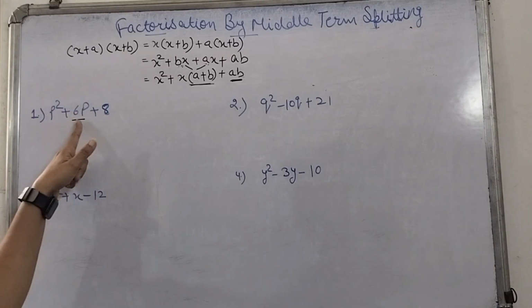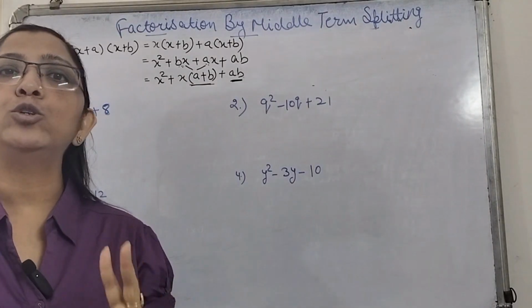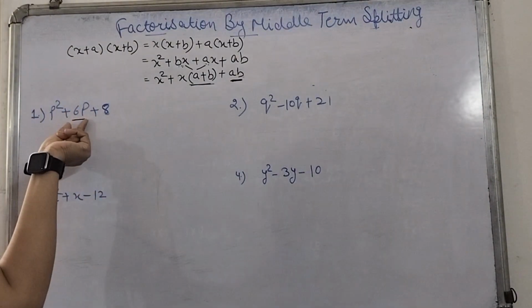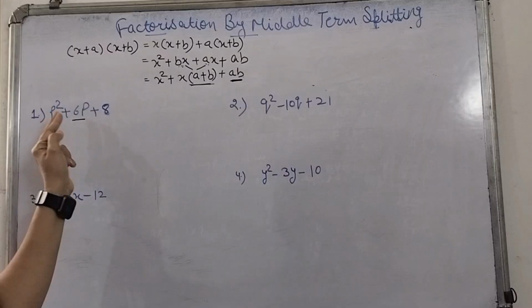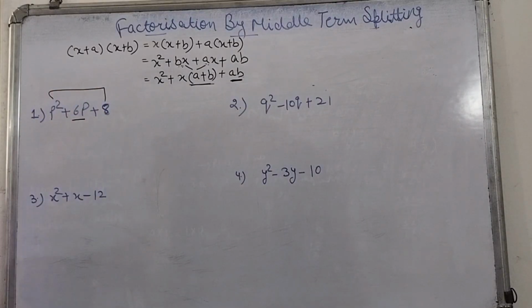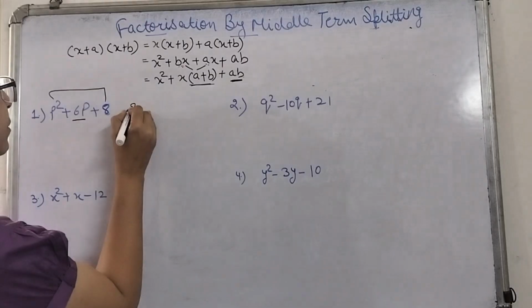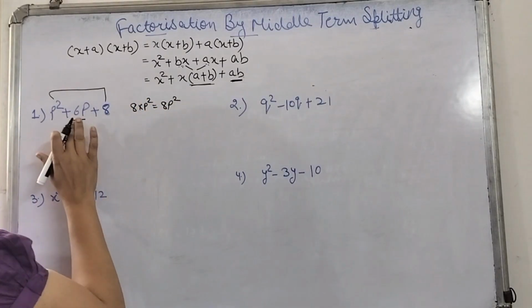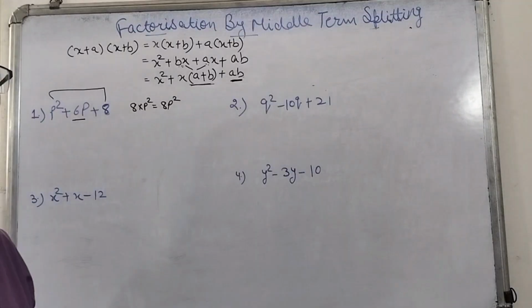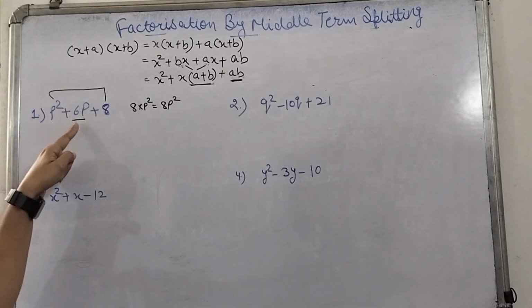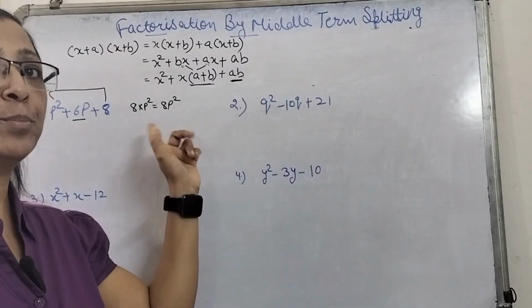That means we have to split this 6p into two parts such that the sum of these two parts should be equivalent to 6p and the product of these two parts should be equivalent to the product of the first and third term. The product of the first and third term is 8 multiplied by p square, that is 8p square. That means we will write 6p into two parts such that the sum should be equivalent to 6p and the product should be equivalent to 8p square.